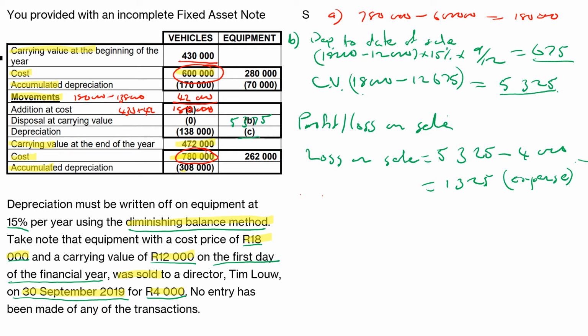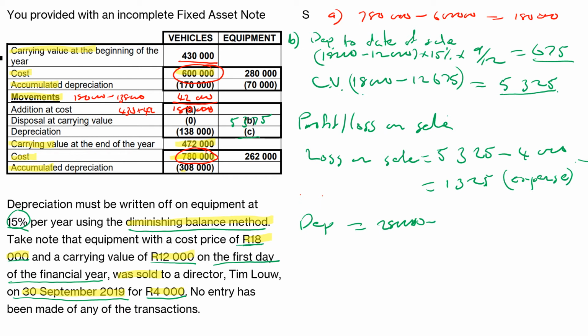All right, let's calculate C. Remember, we're still using 15%. So we need to calculate the depreciation for the remaining equipment. For us to calculate that depreciation, we need to take out anything that pertains to the equipment that was sold. So for our depreciation, this is equal to the opening balance of 280,000 minus the equipment that was sold, which is this one.